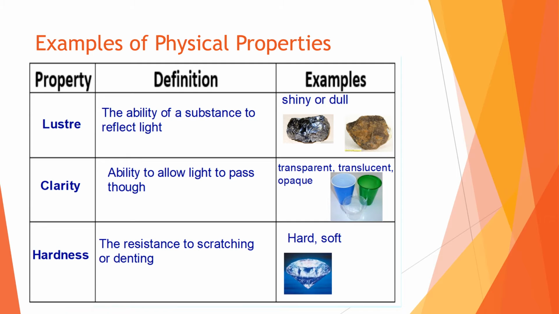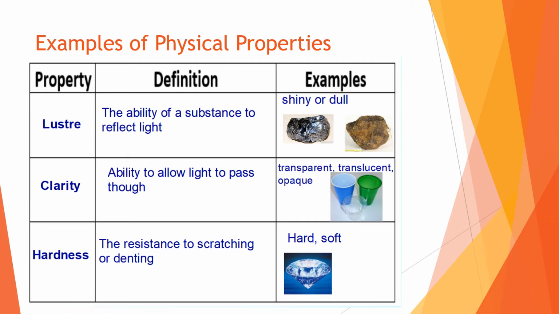So something dull would be like a rock, whereas an example of something shiny, a lot of the time bikes are made up of a shiny substance, that way they are more presentable looking or more appealing to the eye.